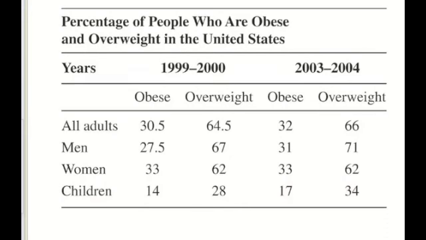If you look at the years 1999 to 2000 versus 2003 to 2004, looking at all adults and children, 30.5% are obese and 64.5% were overweight, and that's creeping up to 32% and 66%. The same thing with the kids, it's creeping up. And the reason why, the bottom line, is that in the United States we eat too much.